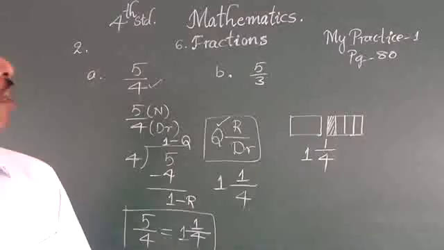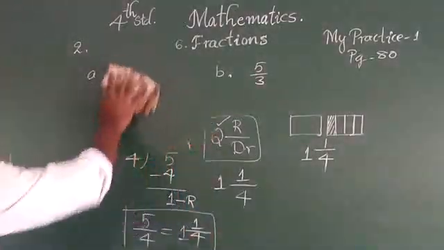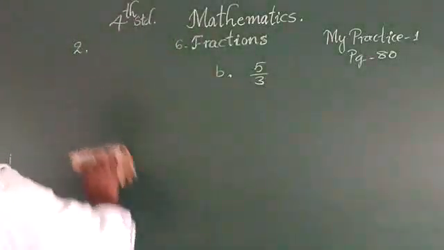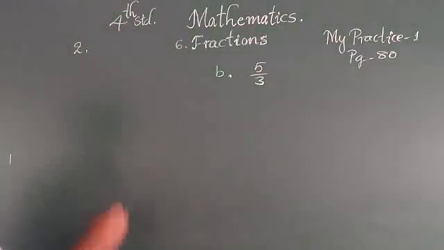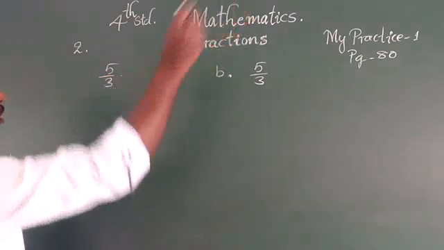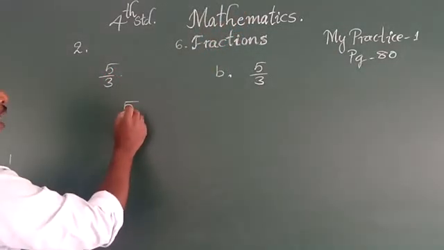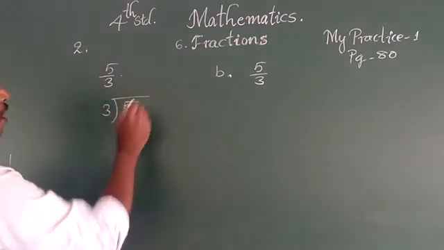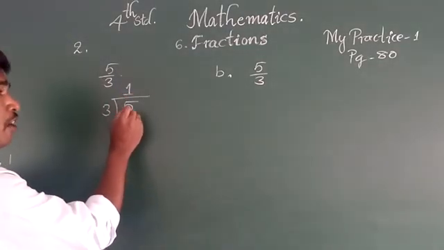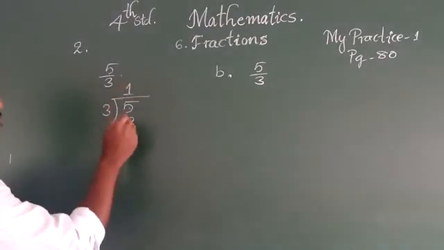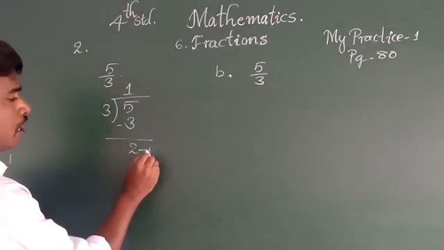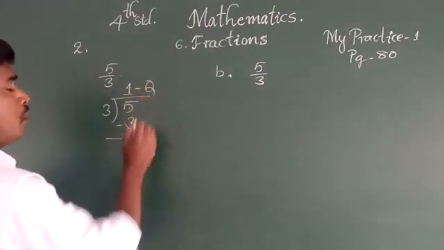Dear children, now you come to the second one. It is also very simple. It is 5/3. Here 5 is the dividend and 3 is the divisor. 3 ones are 3. You just divide 5 by 3. 3 ones are 3. Subtract: 5 minus 3 is 2. This is the remainder, and this is the quotient.